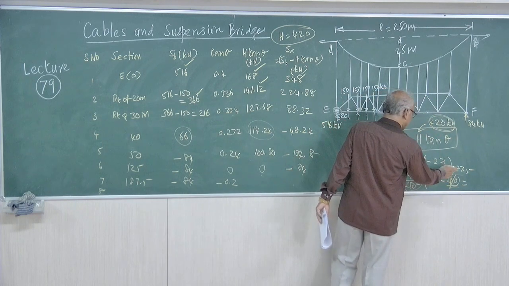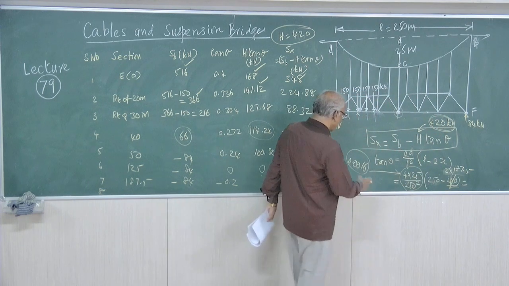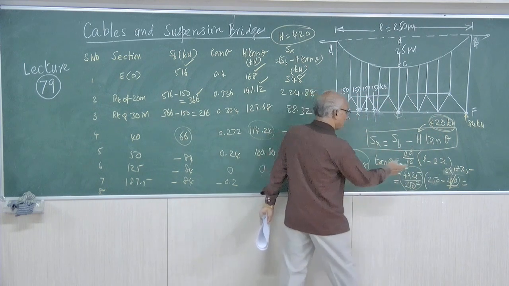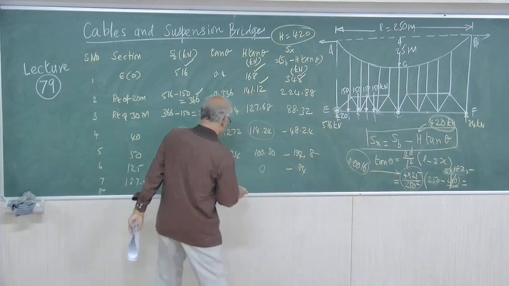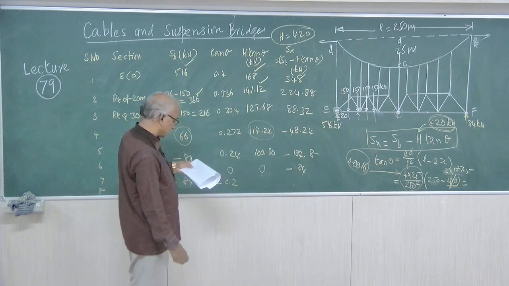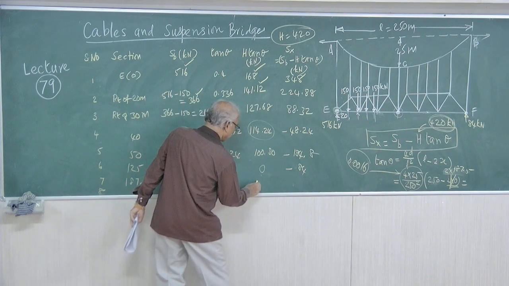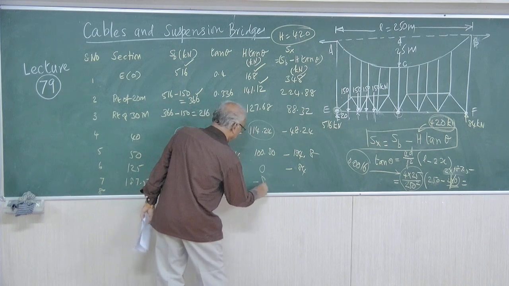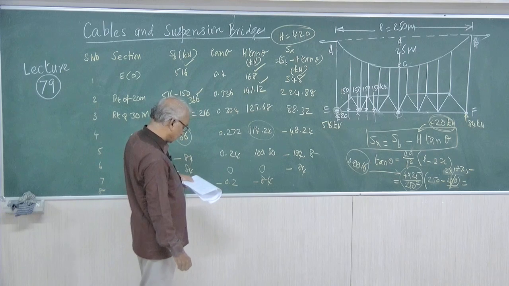Therefore, that will become minus 125. So, 0.0016 into minus 125 equal to minus 0.2.